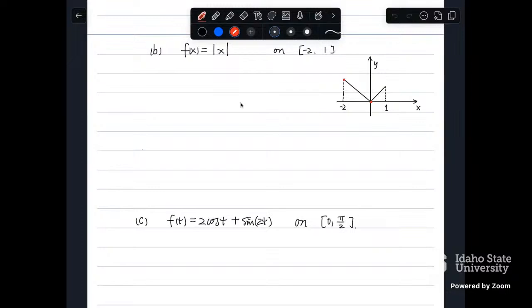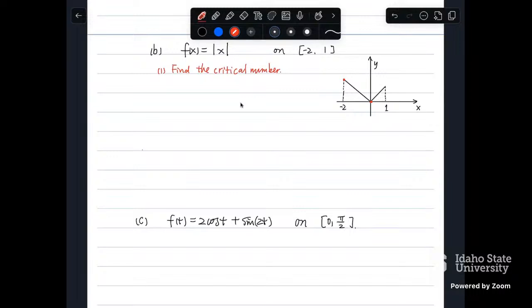But how do we use the closed interval method to solve this problem? The first thing we want to do is to find the critical numbers.